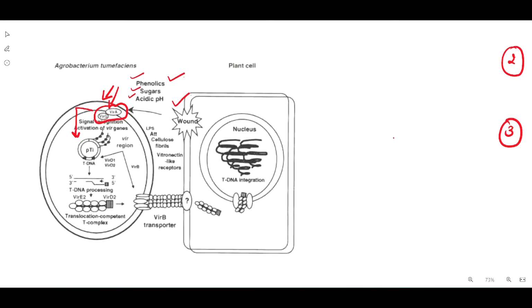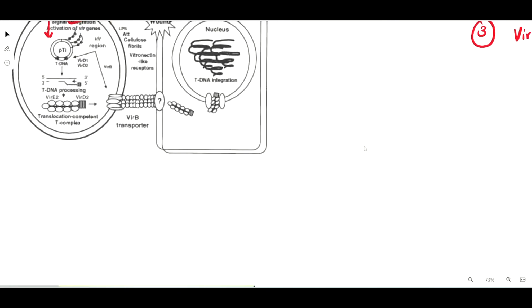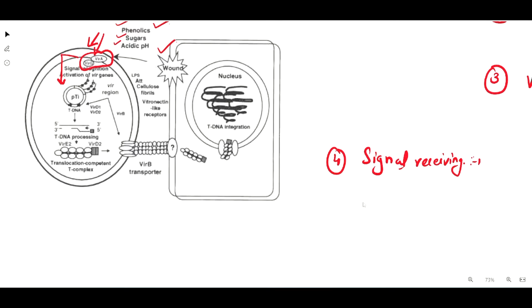And then they lead to another important step of the infection, which is signal receiving. When the chemotaxis system activates the VirA and VirG genes, they start another cascade activity, which is the signal receiving.